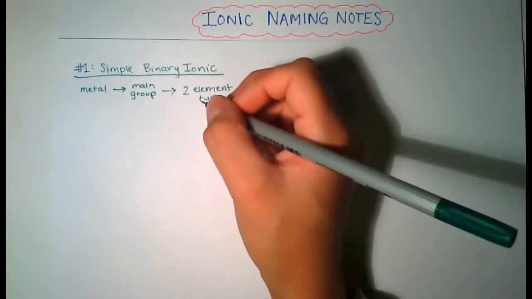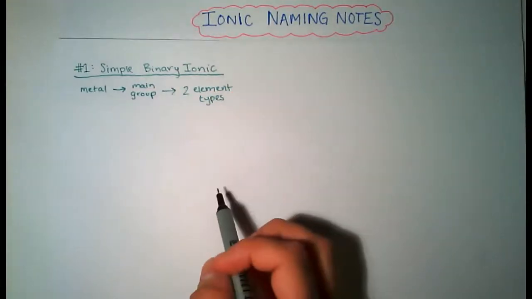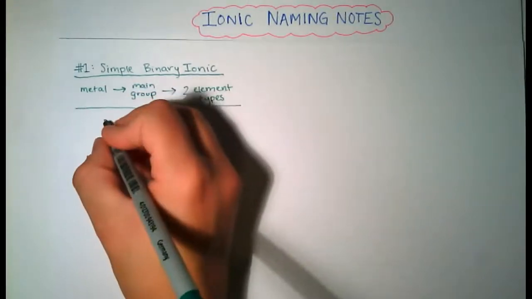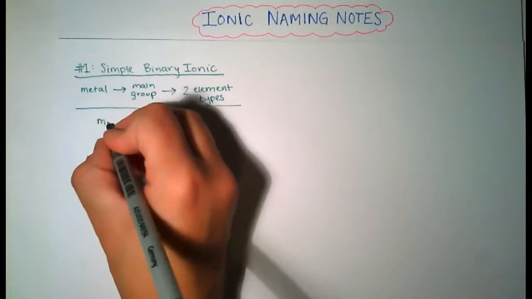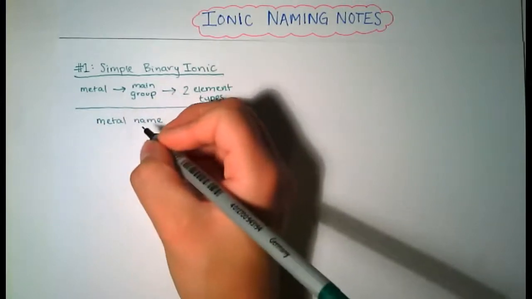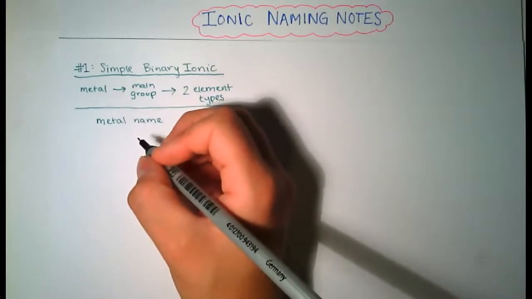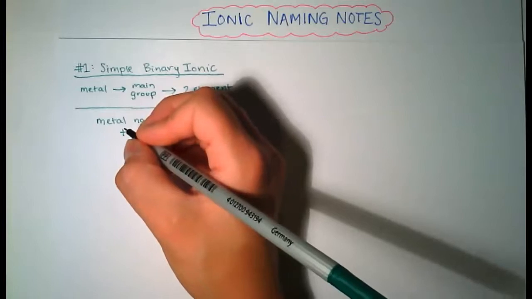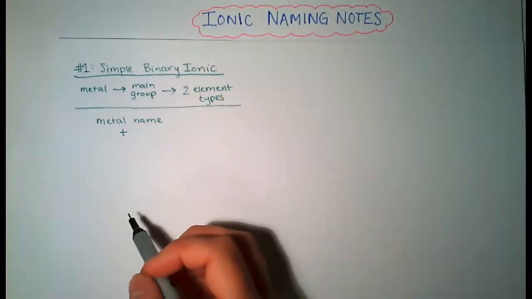When we name simple binary ionic compounds, we simply take the name of the metal. So it's the metal name, and that stays exactly as it is. And then we take the root word for the non-metal and change the ending to IDE.